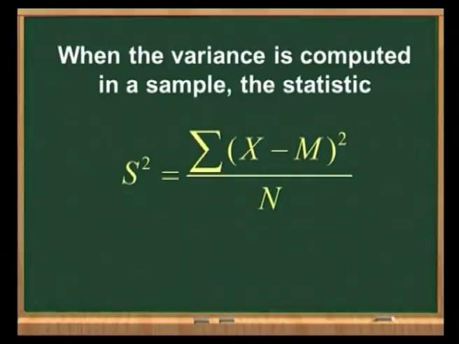When the variance is computed in a sample, the statistic S squared, that is variance, is equal to the sum of (x minus M) the whole squared divided by N, where M is the mean of the sample. S squared is a biased estimate of sigma squared.